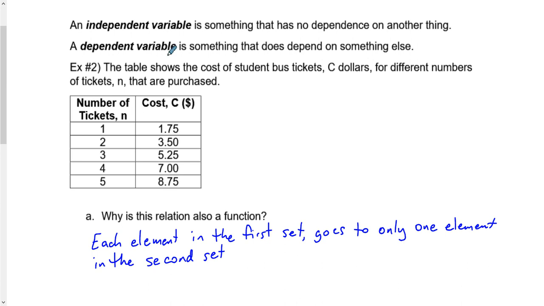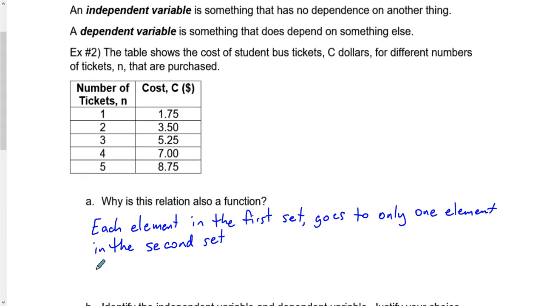If we wanted to use more specific words, each number of tickets has only one cost. One ticket does not cost 2 different values. 5 tickets do not have 2 or 3 different values that they cost.